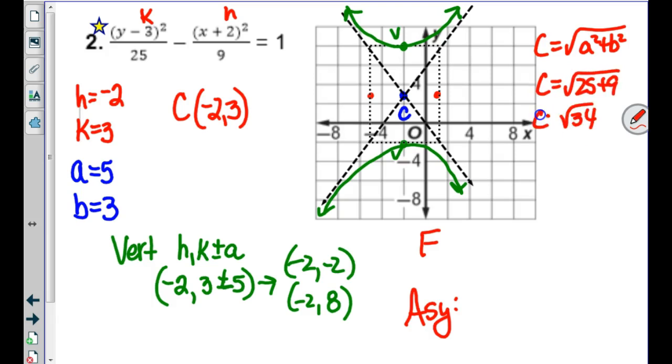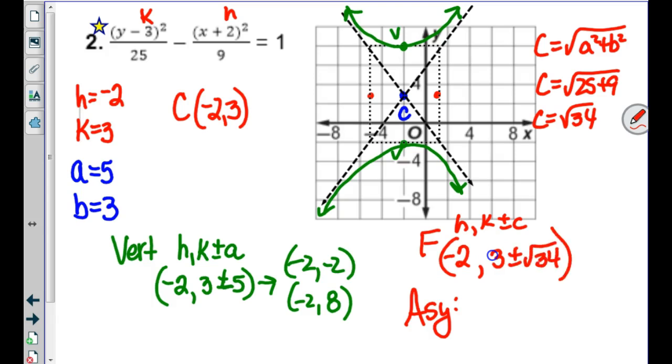And then what's the equation for foci when it's opening up and down? So that will be -2, comma 3 plus or minus the square root of 34.